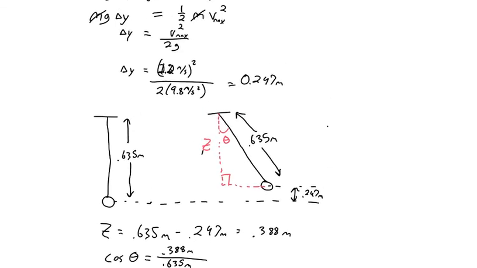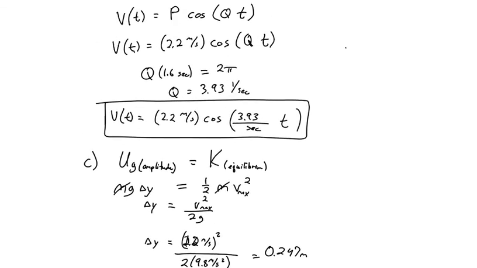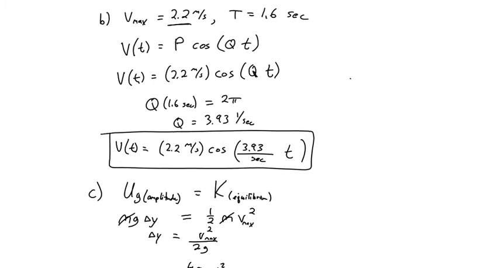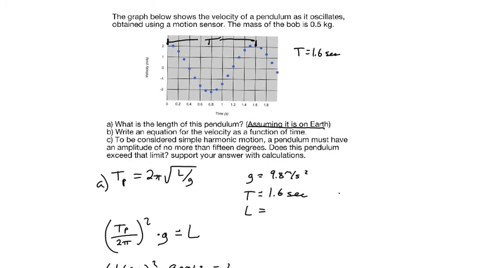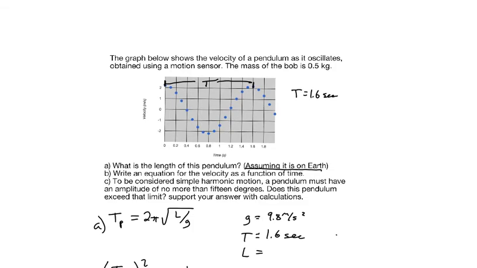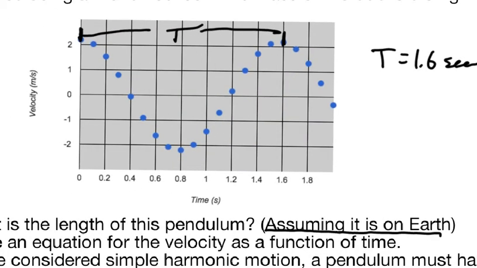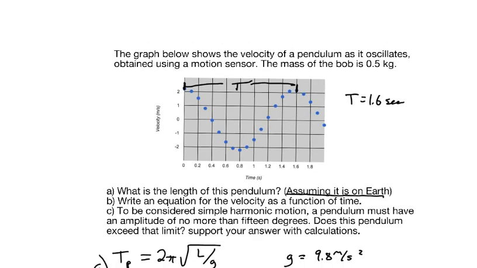So just kind of keep in mind all the different things that you see with simple harmonic motion, the things that we see being drawn into this, because you never know what you're going to need to pull out of this. The other thing to keep in mind is that these graphs really provide us with lots of information. So on this one I ended up just using the time between two identical points, the period, and the maximum velocity.